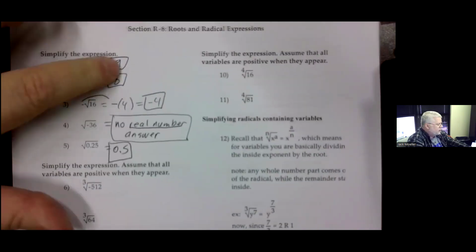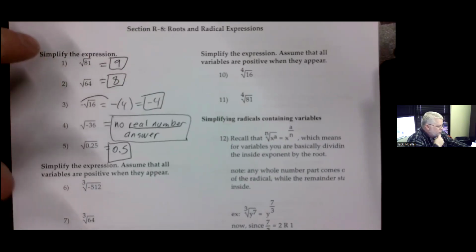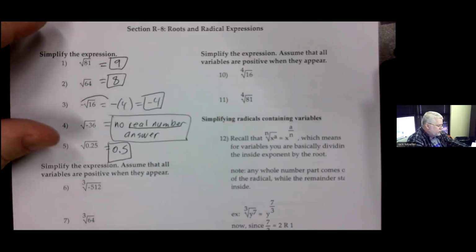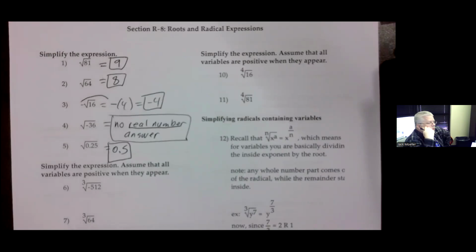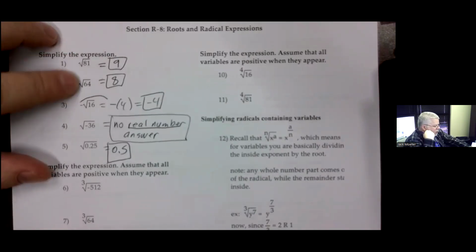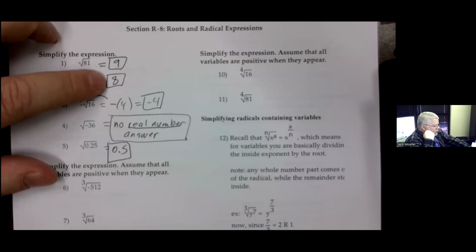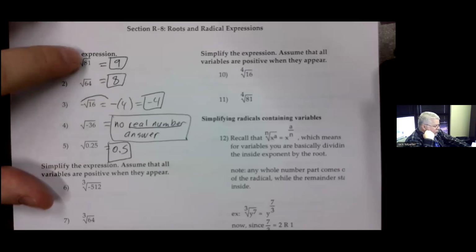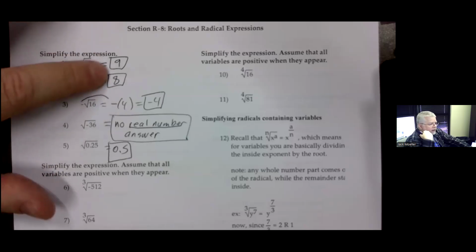Right? Because 9 times 9 is 81, 8 times 8 is 64. We're going to do a lot of numbers, particularly with our quadratics, that we're dealing with numbers that are not perfect squares. So, for example, if you want to take the square root of 70, well, 70 is not one of these perfect numbers. 70 is between 64 and 81, so the answer should be between 8 and 9.